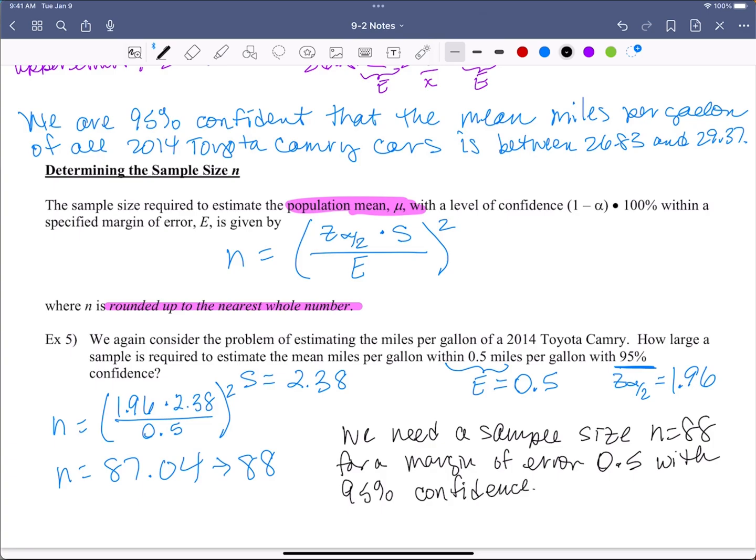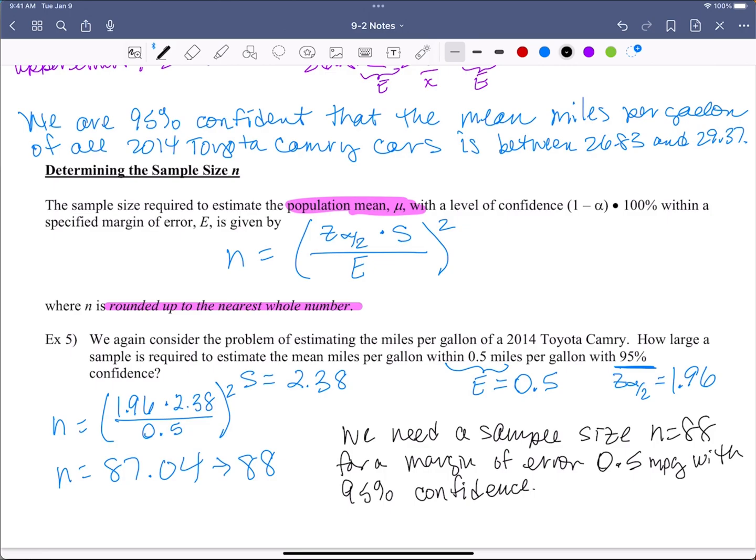I didn't write miles per gallon in there, but that's 0.5 miles per gallon with 95% confidence.